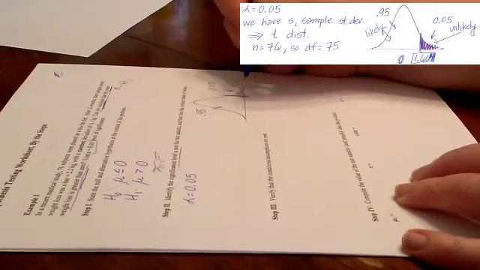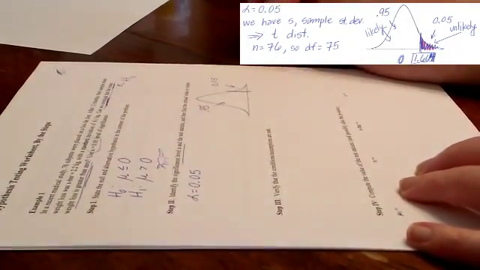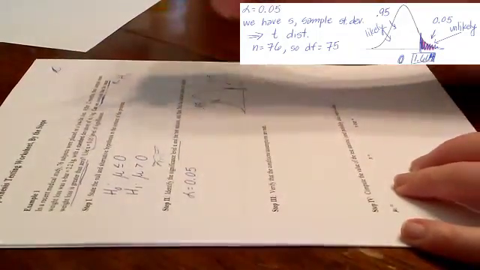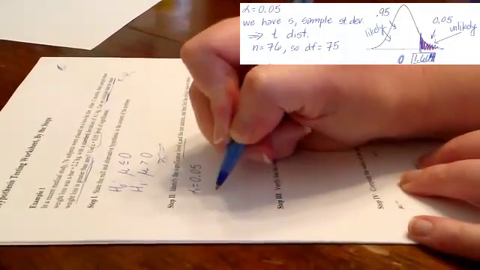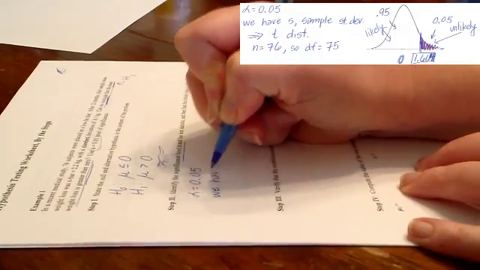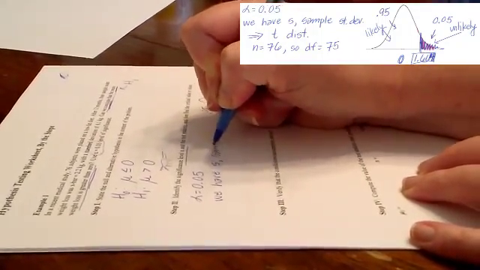The other question we need to ask, is this a Z distribution or a T distribution? We have a mean and we have a standard deviation, but that standard deviation is the sample standard deviation, right? We have S, the sample standard deviation.